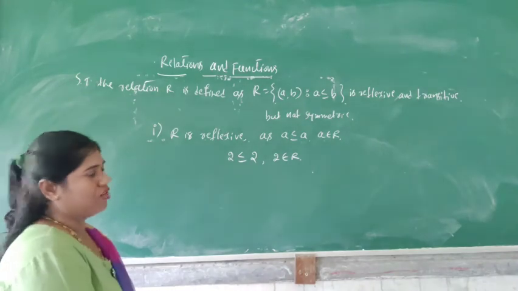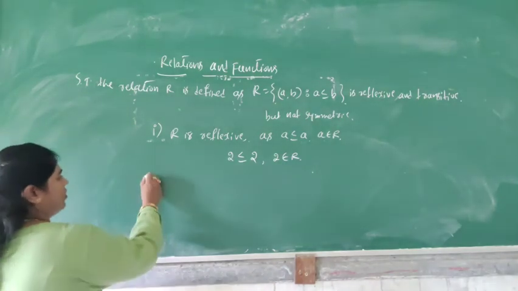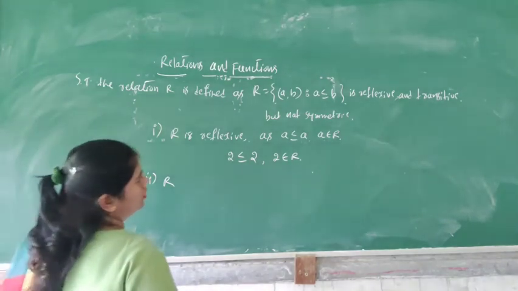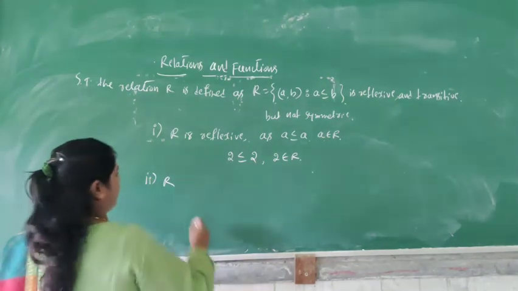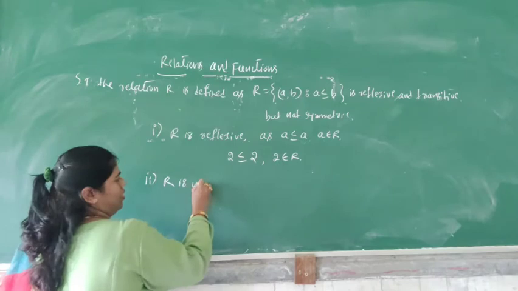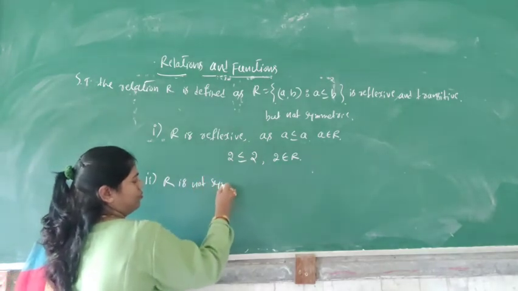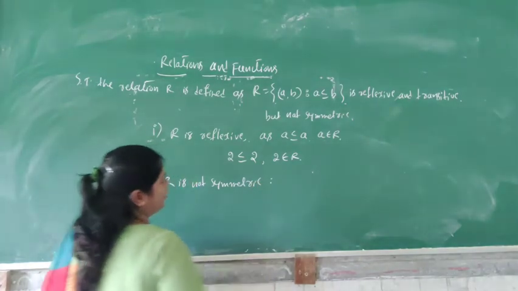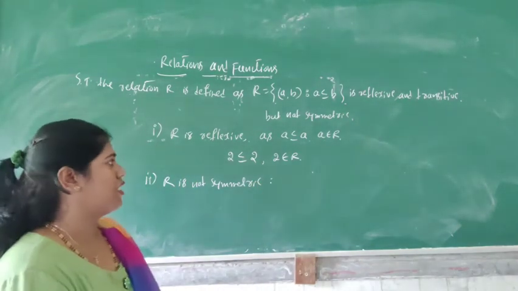Next, what do we have to write? Next one is R is not symmetric. We'll just check why it is not symmetric. What is the symmetric condition?